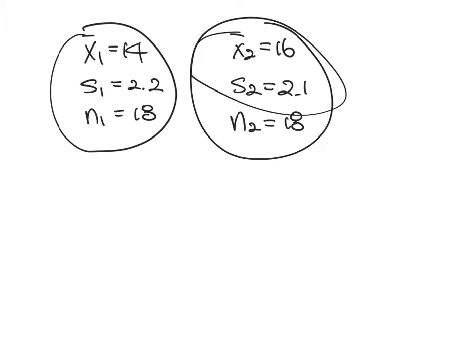It asks us to do a two-tailed test. Okay, so step number 1, the null hypothesis can always be stated as mu1 is equal to mu2.